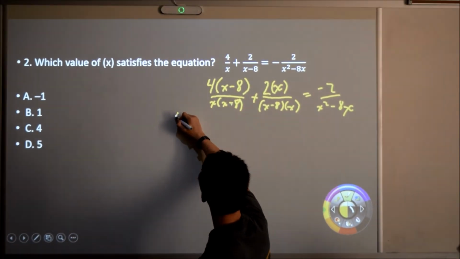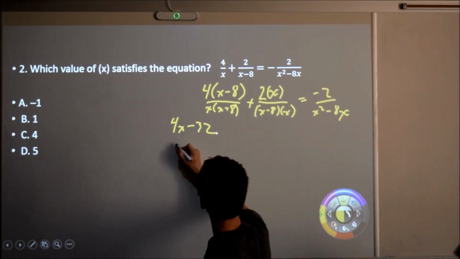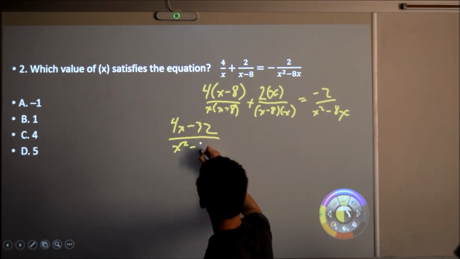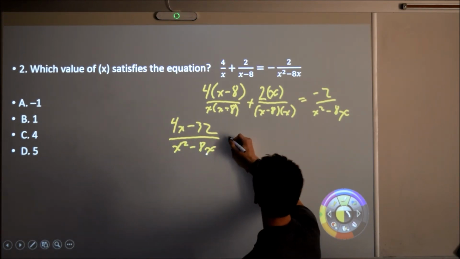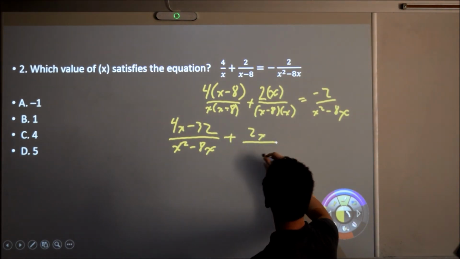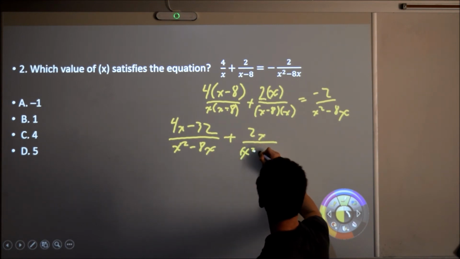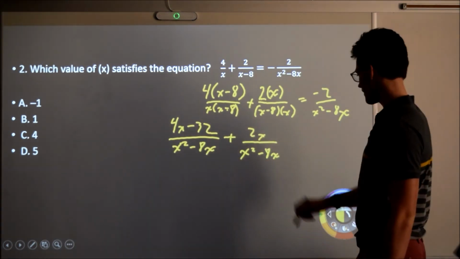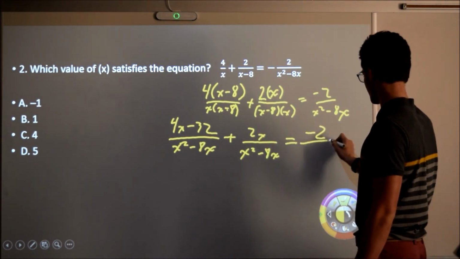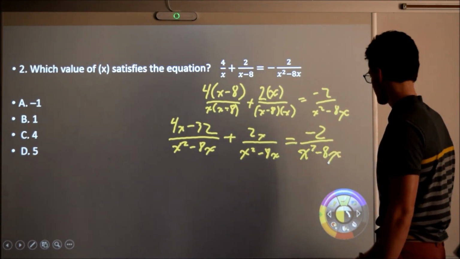Now we'll have 4x minus 32 all over x squared minus 8x plus 2x all over x squared minus 8x. That still equals the right side, negative 2 over x squared minus 8x.